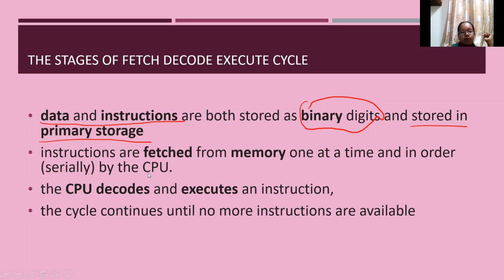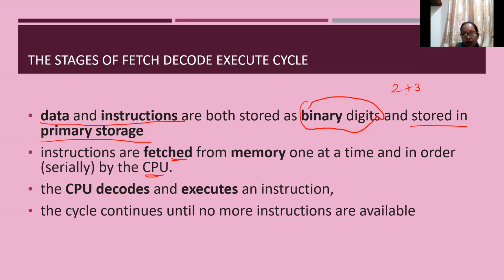serially by the CPU. Among those data and instructions, the CPU will fetch one by one, in an order. First it will do the first thing, then the next. It will not happen randomly. There's a particular order in order to do a calculation.